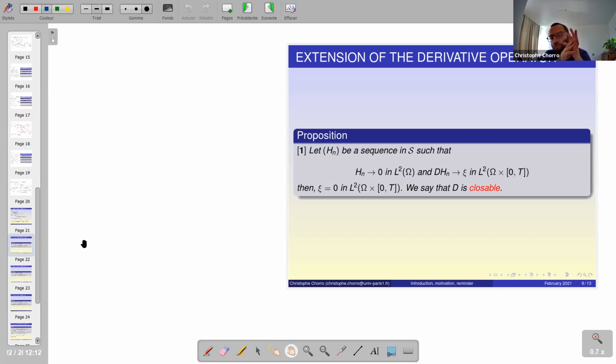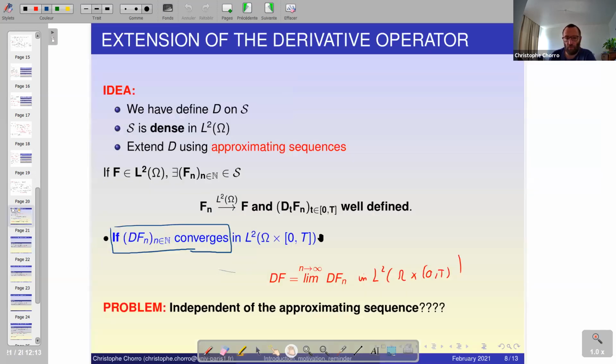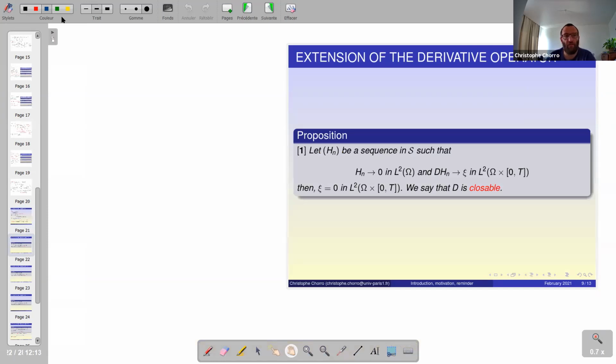Okay, so before doing the proof of this proposition 1, let's see that in fact this proposition allows us to overcome the previous ambiguity in the extension of the derivative operator. Keep in mind that I want to prove that this is independent of the choice of an approximating sequence. So suppose that you are in the following situation.